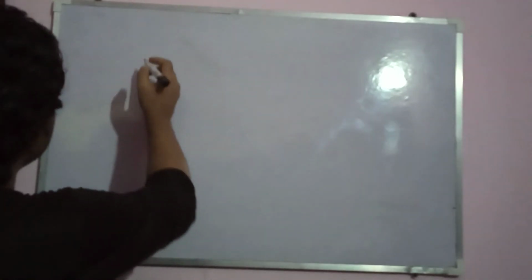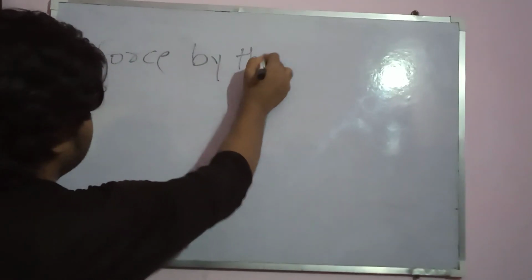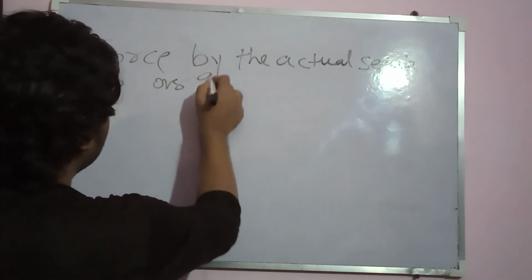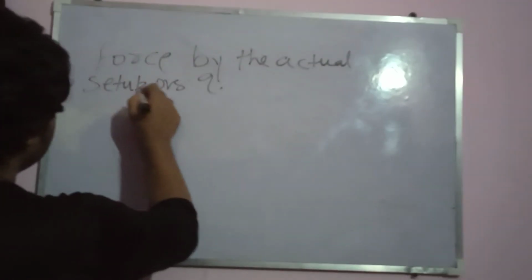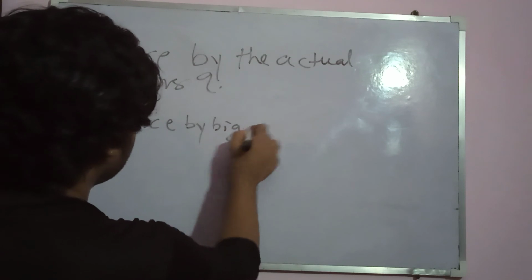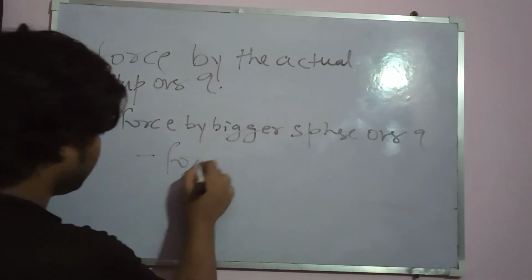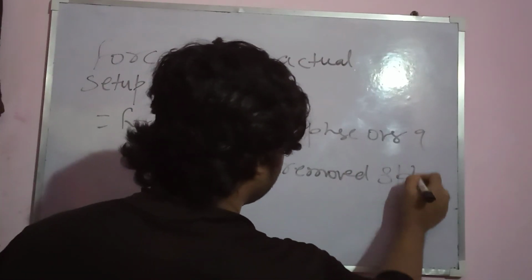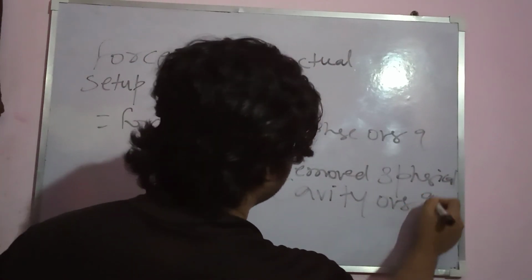So the force by the actual setup over Q is the force by the bigger sphere over Q minus the force by the removed spherical cavity over Q. Is it visible or not?